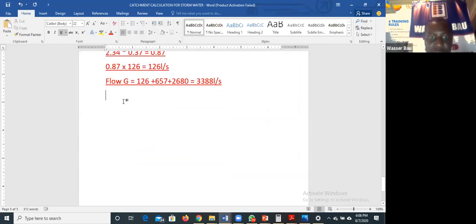So for H, 3388 versus 5%, which is not what the slope is, but the slope of 2% is approximately 1.4 meters to 1.5 meters pipe. 1.4 to about 1.5 meter pipe.